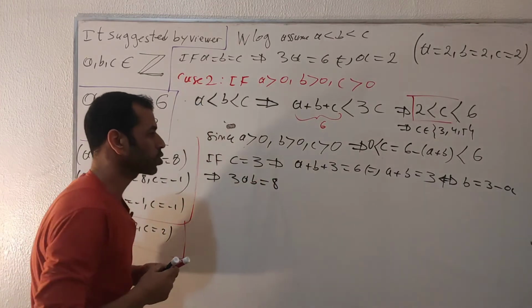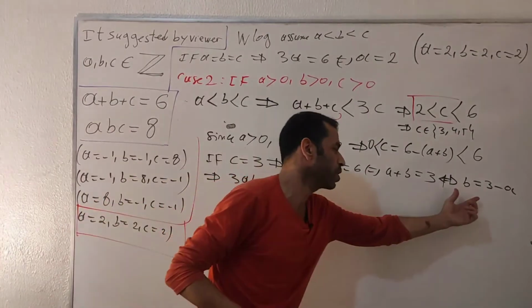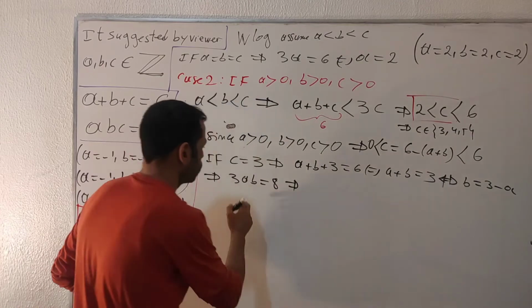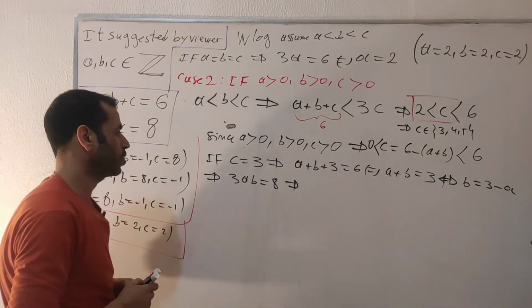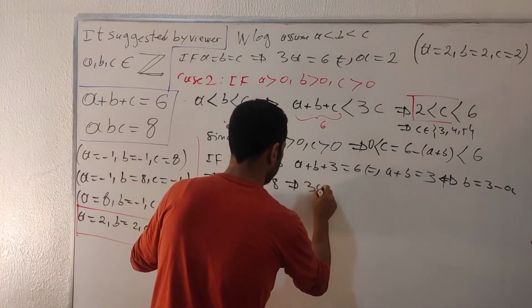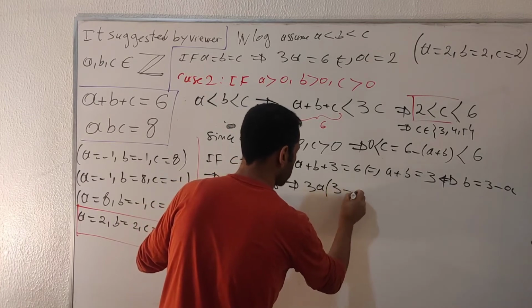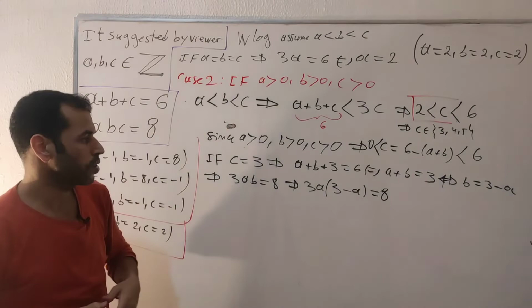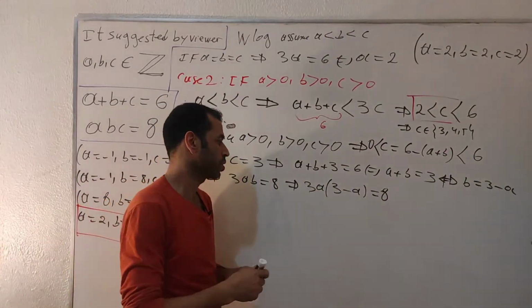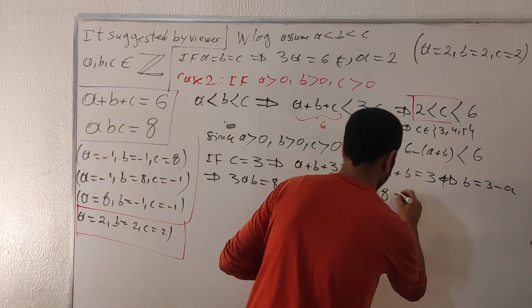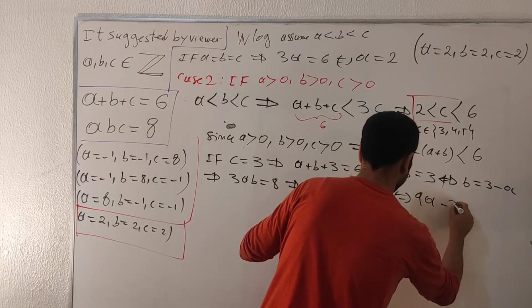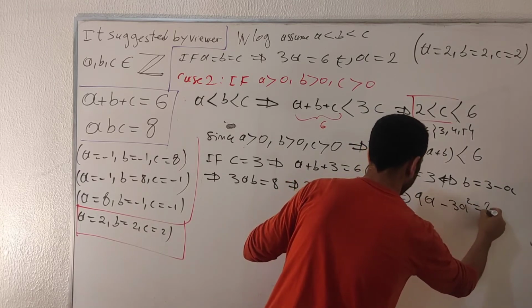Also, I'm going to take the value of B and insert it into this equation to have a new equation in terms of A. I get 3A multiplied by 3 minus A equals 8. Then distributing this one out, I get 9A minus 3A squared equals 8.